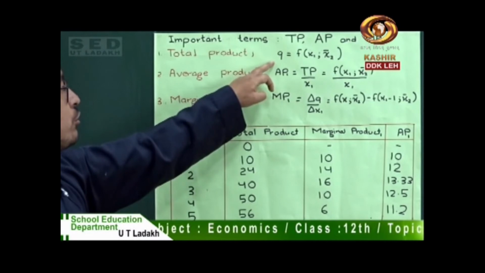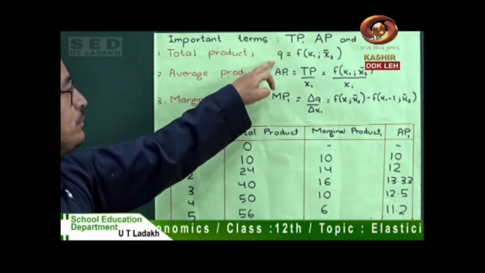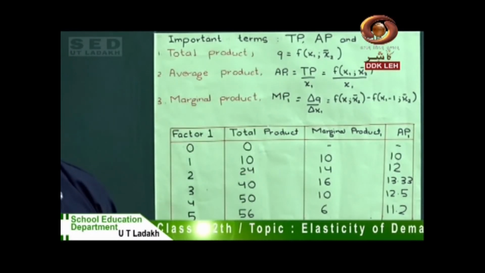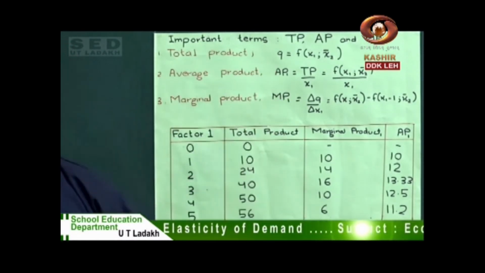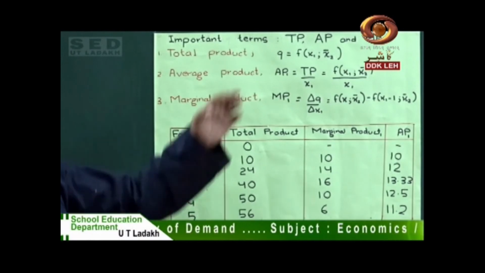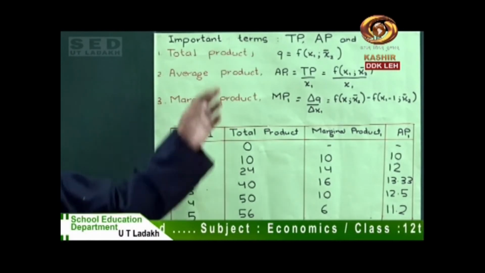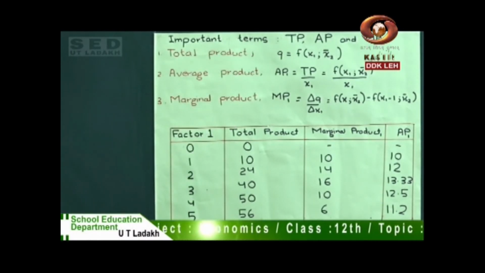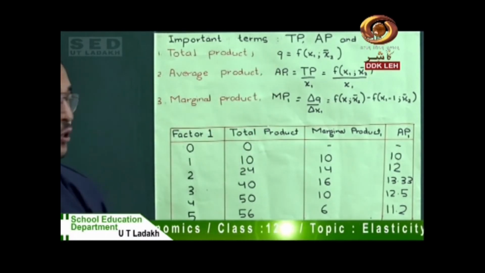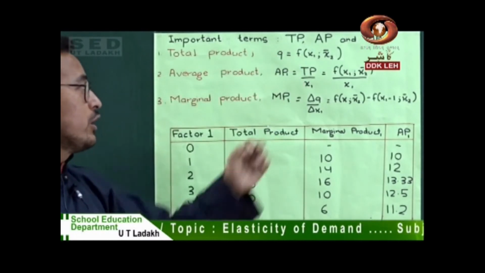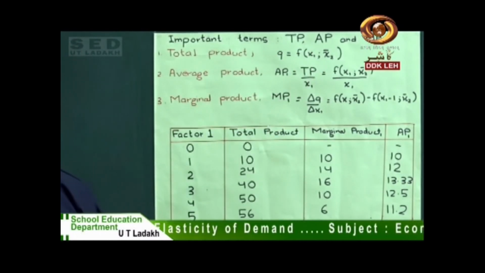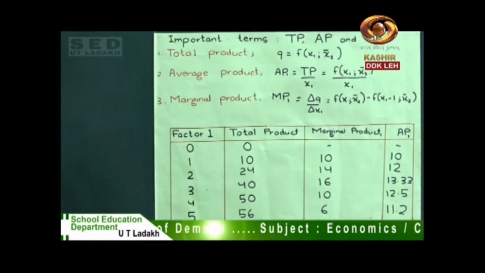It shows the relationship of the variable input with total output. Or in simple terms, you can say the amount of output that you are producing, given your variable input, while keeping your x2 constant, which is your fixed input.